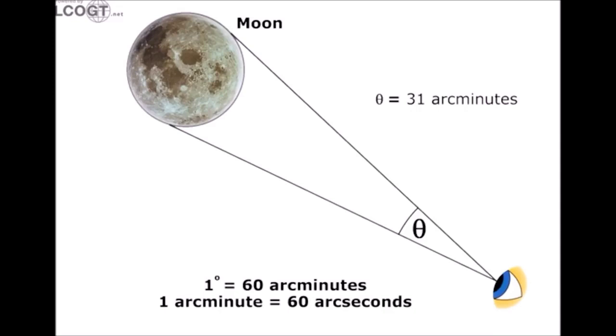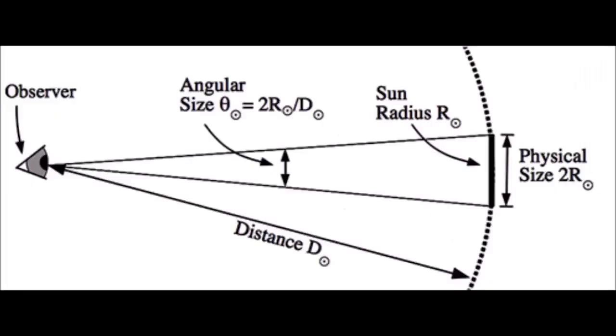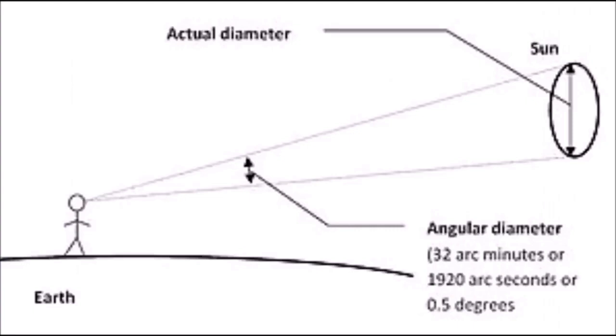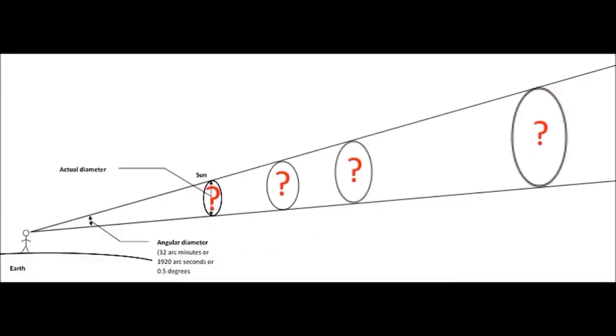So this is the angle created in our eye or in a telescope, which means that the sun and the moon can be around 31 miles in diameter and 3,500 miles up, or, as the authorities claim, the moon can be 2,159 miles in diameter and 237,000 miles away. And they claim the sun is 864,575 miles in diameter and 93 million miles away. You see, both measurements are correct based on the angle we see from Earth.